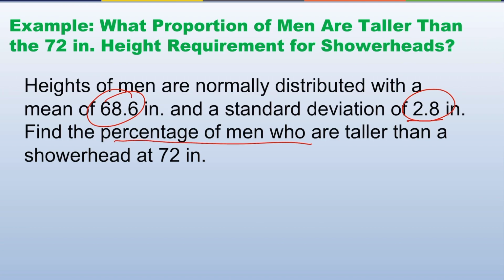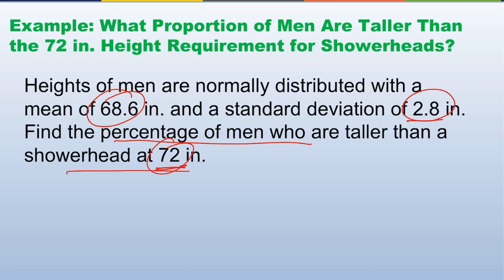See, so height is a normal random variable. And so we can use that fact to get a probability of men who are taller than a shower head at 72 inches.